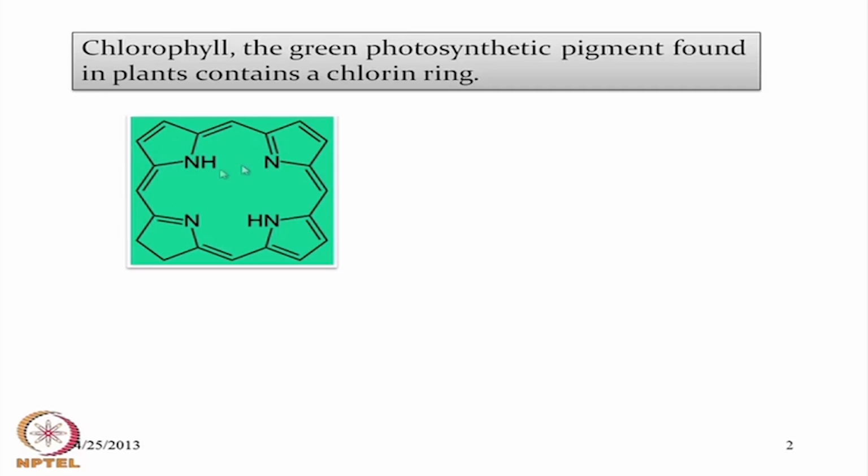Now we can simply look at the difference: only this particular ring is the reduced ring. Here also it contains NH and NH, which means this ligand can function as L2 minus through deprotonation, and it can bind nicely to a metal ion with a 2 positive charge.